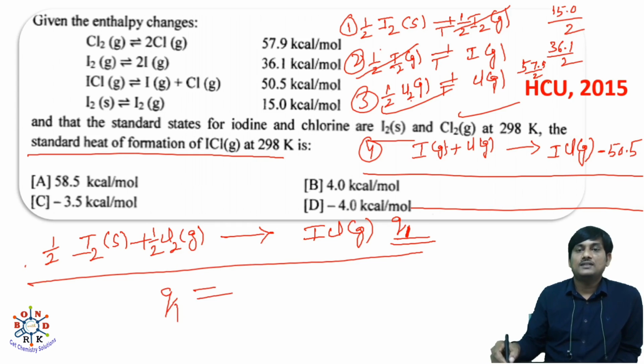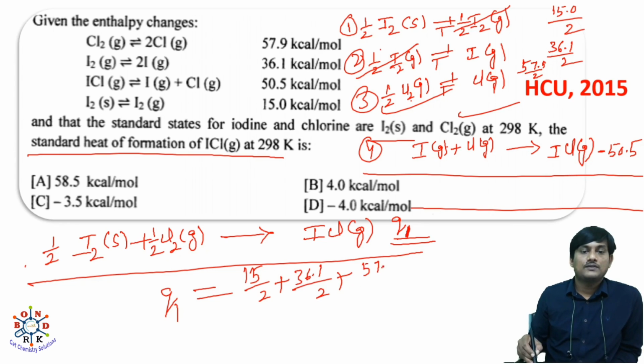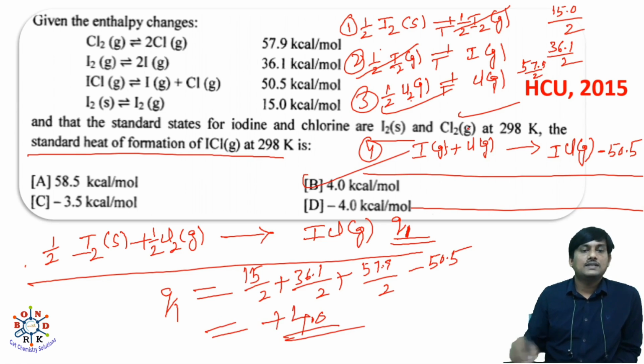Simply add the energy terms: 15 by 2 plus 36.1 by 2 plus 57.9 by 2 minus 50.5. When you add these terms, you will get plus 4.0 kilocalorie per mole. This is the correct option.